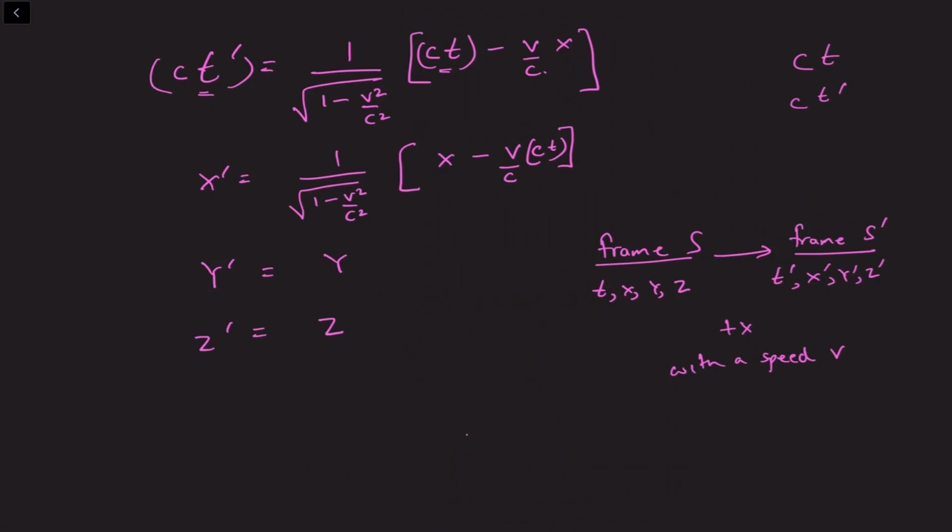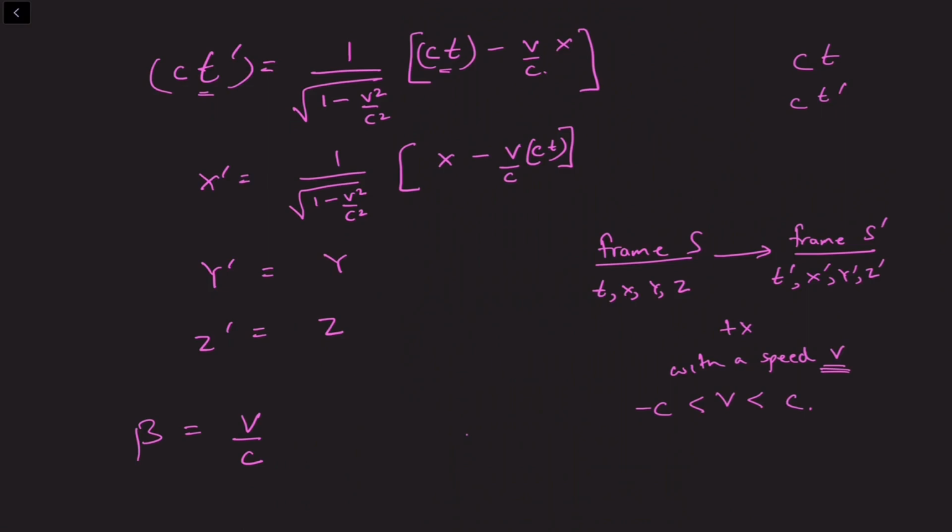The next thing that we will do is define a quantity beta, which is v by c. Since we discussed in the last class that there is a speed limit of the relative speed between these different frames S and S prime, the speed v lies between plus and minus c. It would be negative if you think of the frame S prime as moving along the negative x direction rather than the positive x direction.